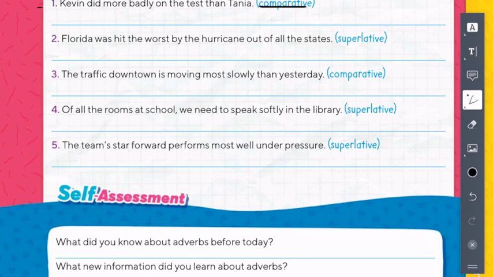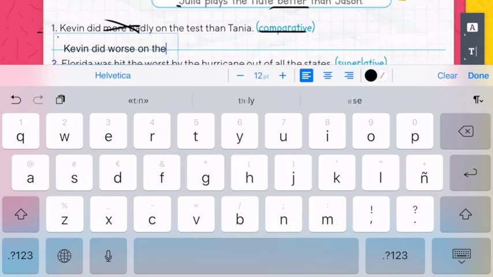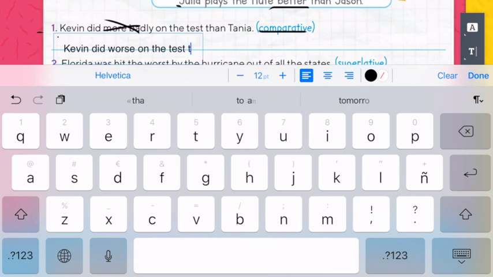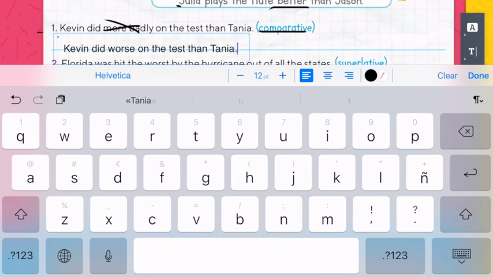Worse. Correct. Not more badly. So we cross out and we write down: Kevin did worse on the test than Tanya, with a capital T because it's Tanya. Okay? Good.